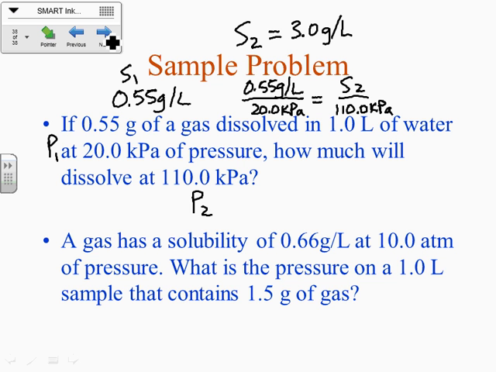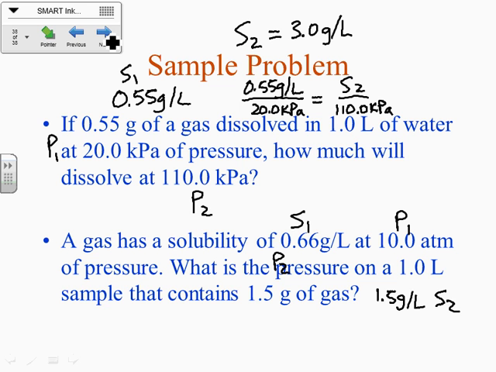What's our S1 here? 0.66. Okay, so that's our S1. Then our P1 must be 10.0 atmospheres. Now this time they're actually giving us our S2. Does everybody see the second solubility here? Okay, 1.5 grams of gas in 1 liter, so that's 1.5 grams per liter. That's our S2. So the only thing we need is the P2. What's the pressure?